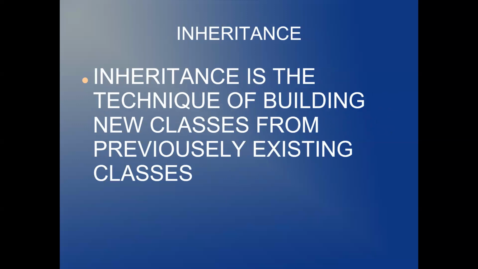Then we have inheritance. Inheritance is also one of the important features of object-oriented programming, by which we follow a hierarchical model. It helps in building new classes from previously existing classes. So inheritance is a mechanism in which one class can be linked with another class, a subclass and a superclass.